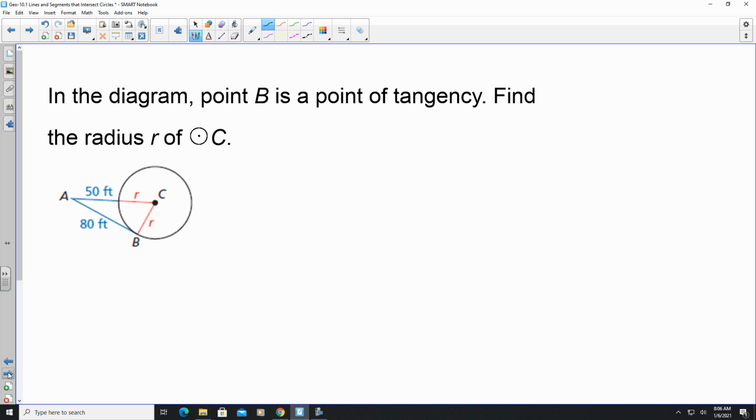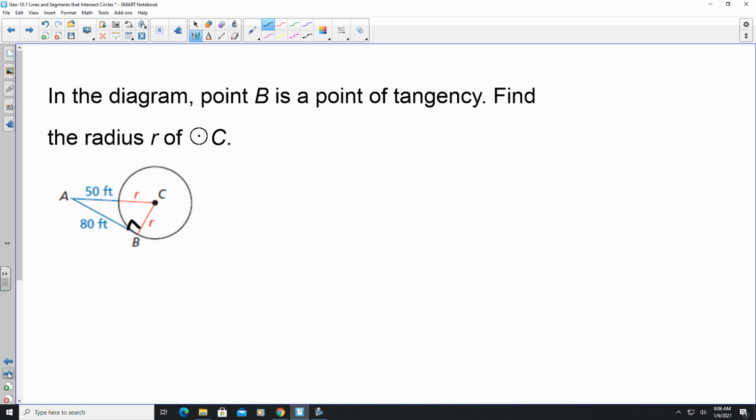Here, on the other hand, it says in the diagram that point B is a point of tangency. They want you to find the radius of circle C. Because we know that's a point of tangency, we know it's a right angle.